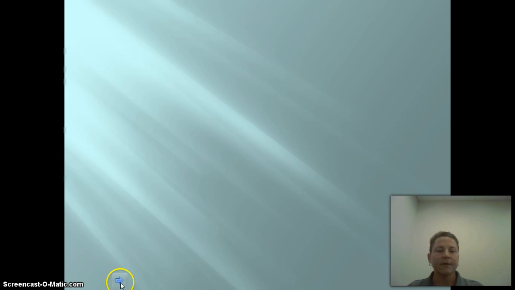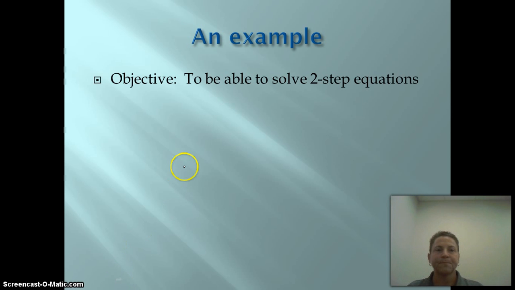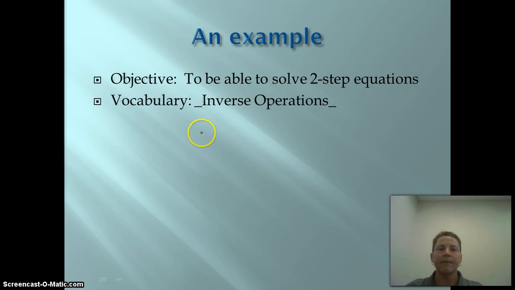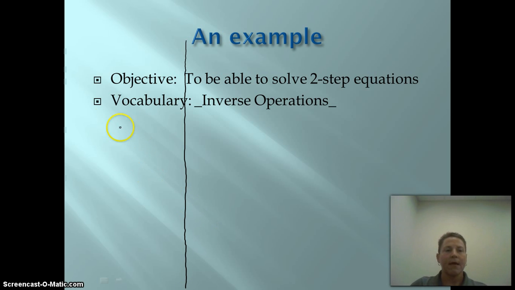What I'm going to do is go through a math example of how to do Cornell Notes. Here is an objective: to be able to solve two-step equations. And the vocabulary for solving two-step equations is inverse operations. So if this was a real example, here would be your two columns.